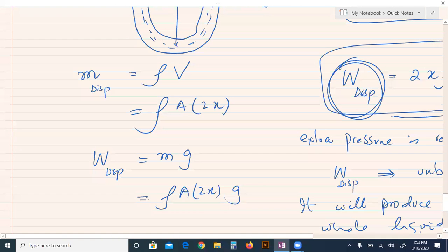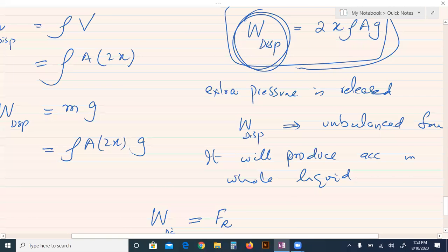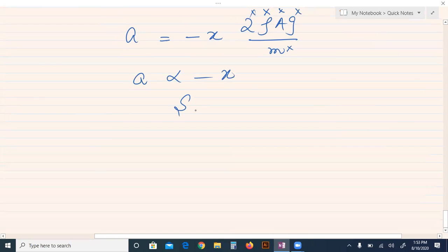Now, when the pressure is released, due to the displaced liquid, the whole liquid will oscillate up and down. And we have to study this motion according to this equation: density constant, A constant, g constant, total mass constant, 2 constant. Hence, a is directly proportional to minus x. So the oscillation of this water due to the displaced liquid is simple harmonic.